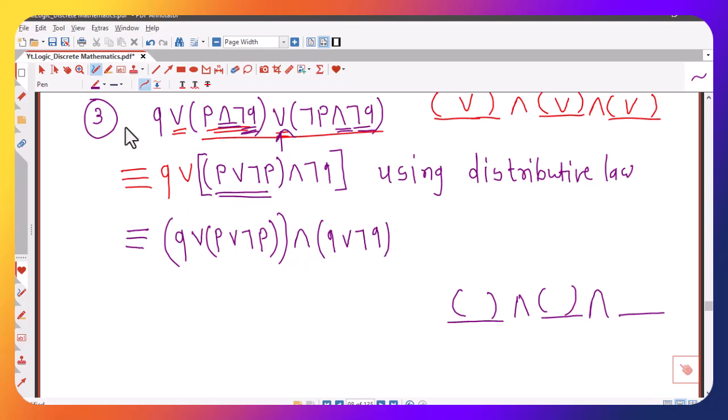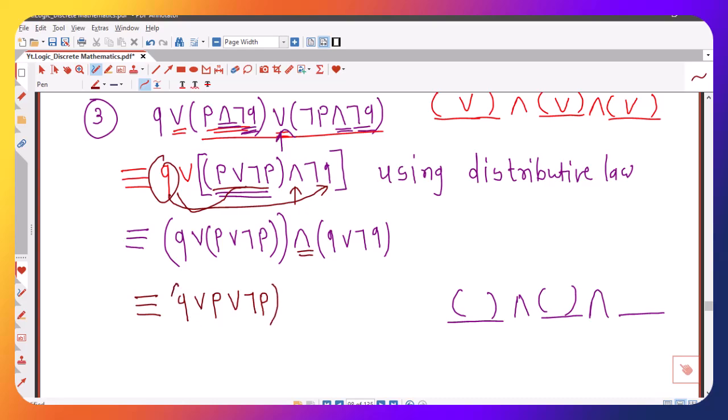I am applying in this way, Q or this first bracket, that is P or negation P, AND operator, and Q or negation Q. And here we have OR operator, and using associative law we can remove the brackets.